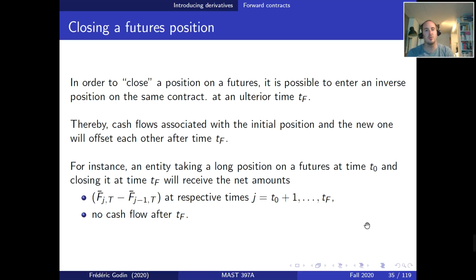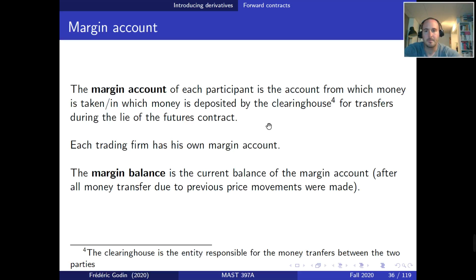So if you choose to close a futures contract at some date, small t_f, then from time small t_f until time capital T, the two offsetting positions will lead to a net cash flow of $0. So in practice, when people want to leave a futures contract, they just enter into the opposite position, and this is said to close the futures position.